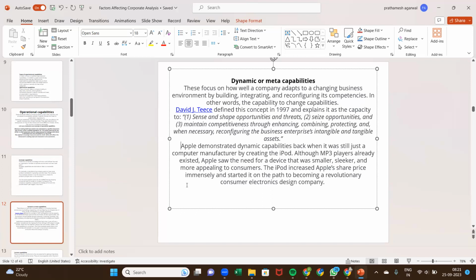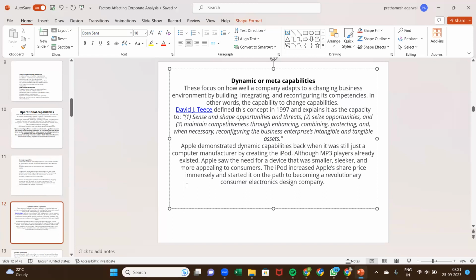The iPod increased Apple's share price immensely and started it on the path to become a revolutionary consumer electronics design company. Apple demonstrated dynamic capabilities when it was still just a computer manufacturer by creating the iPod. Although the MP3 players already existed, Apple sensed the need of the customers.